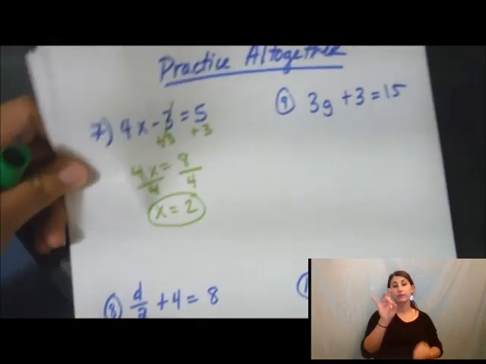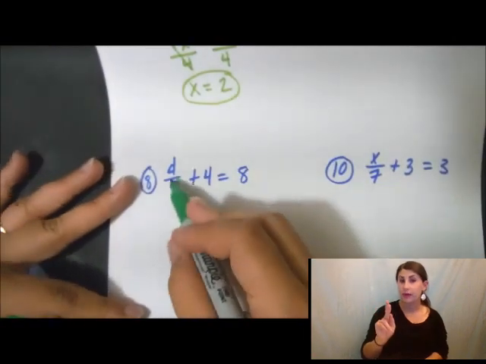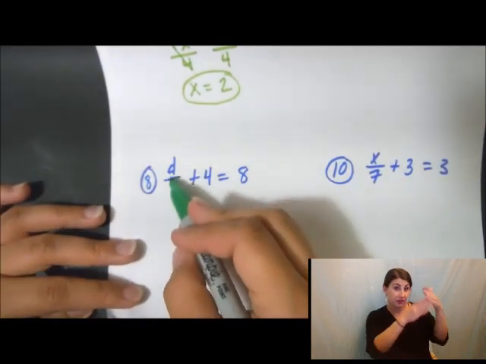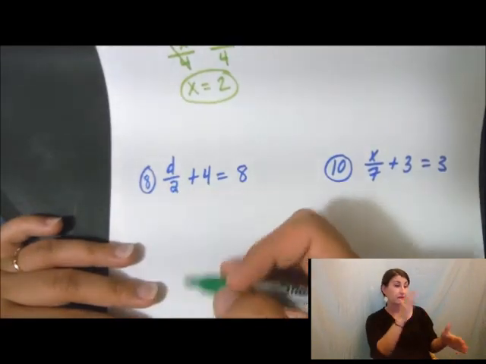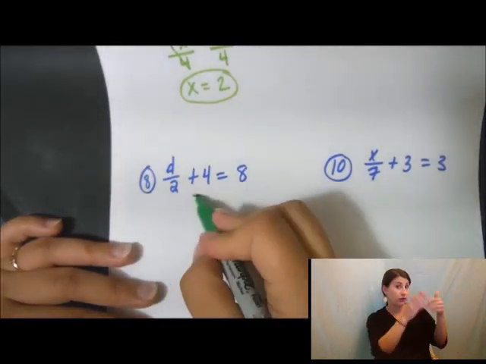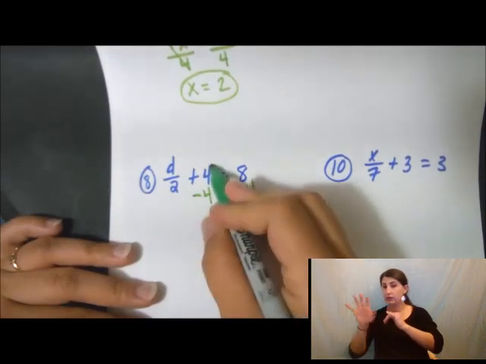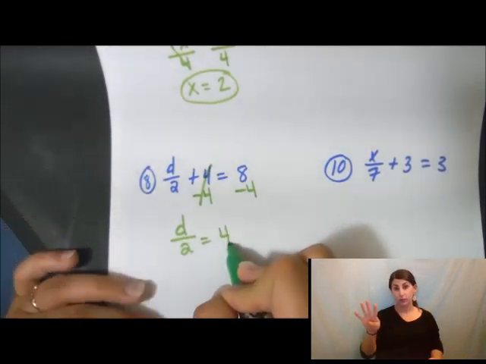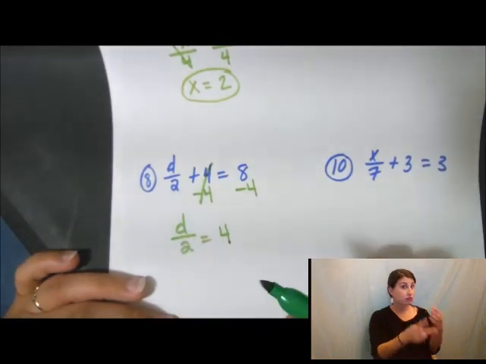Let's look at number 8. All right, this is what's being added or subtracted. This is division right here, so I need to save multiplication or division for last. So I'm going to minus 4 on both sides. d divided by 2 equals 4. Now this is division. I'm saving it for last.